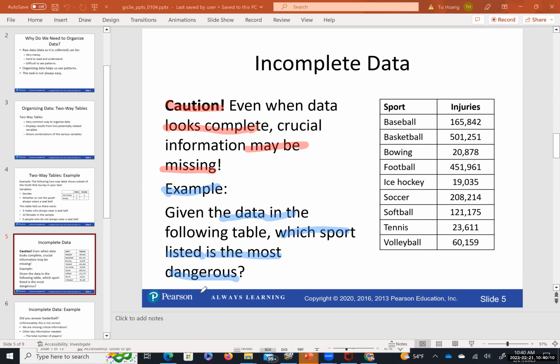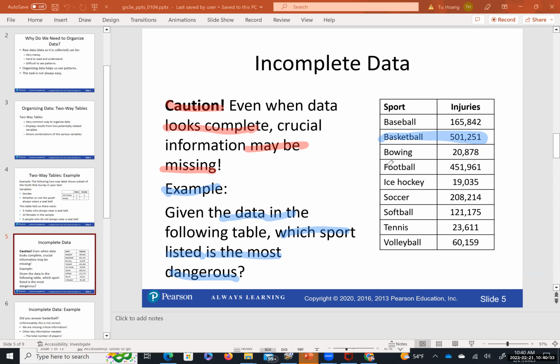Well, right now maybe we would think basketball, because we have 501,251 injuries.